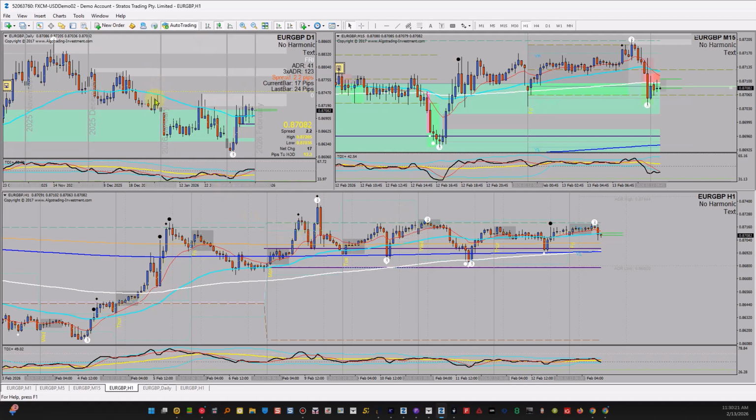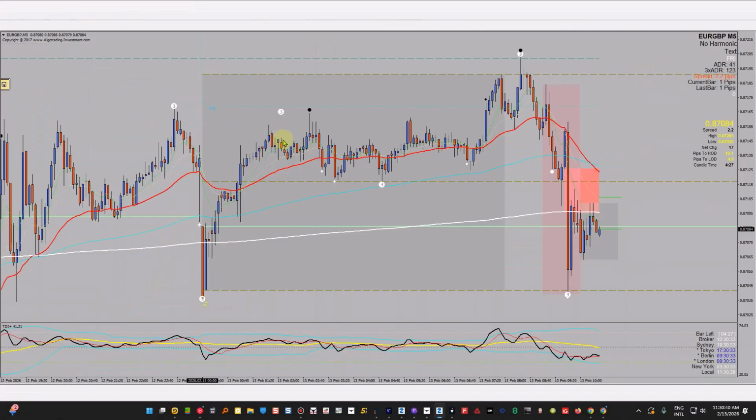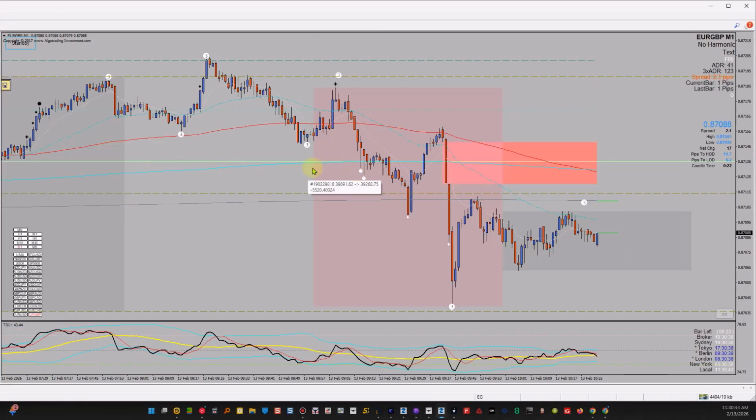I have my daily in the upper left, so this monitors the daily chart. I have my hourly stretched across the bottom because I like a nice amount of real estate for my hourly, and then I have my 15-minute up here. These are basically my primary analysis time frames. Over on my other monitor, I have my 5-minute, and then on the third monitor, I have my 1-minute.